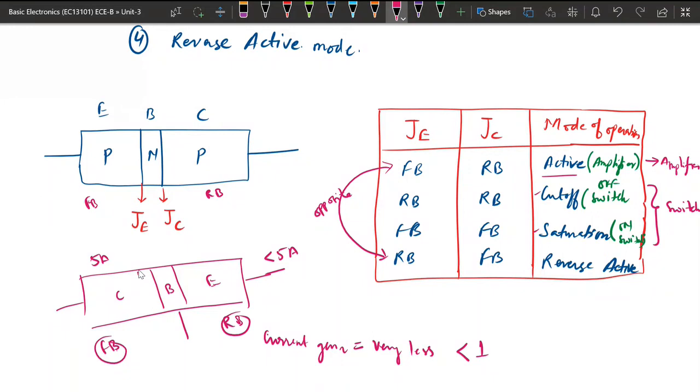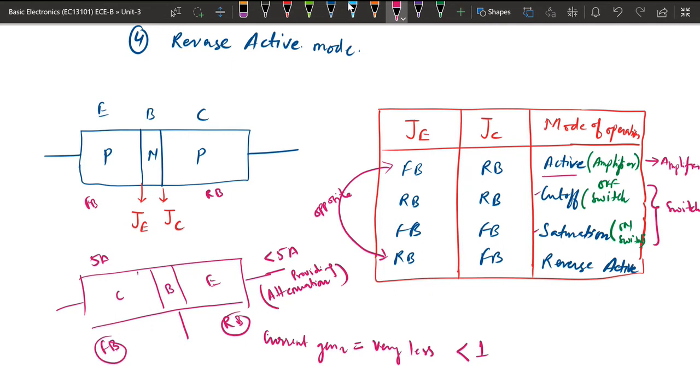So it is going to reduce the strength of whatever input we are providing. That means it is behaving like an attenuator, or providing attenuation.